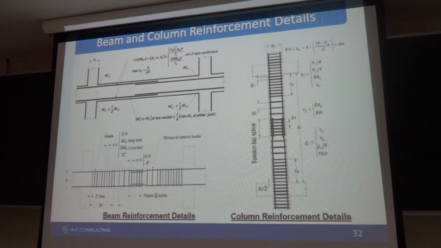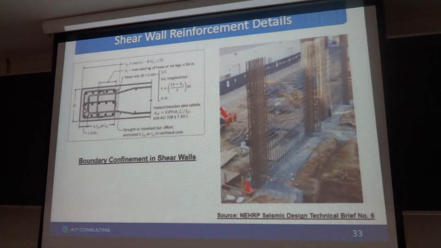These are the typical reinforcement details. This is the reinforced concrete shear wall detail. In shear walls, you have to provide proper confinement if your compressive stress is beyond the limit.